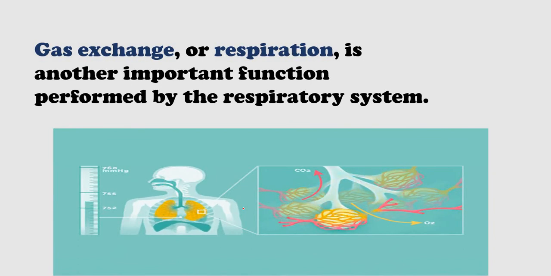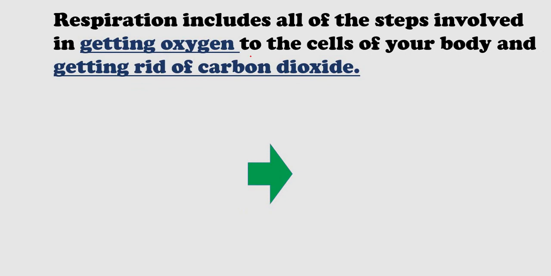Respiration means supplying the cells with oxygen and removing carbon dioxide waste from the cells. So respiration includes all of the steps involved in getting oxygen inside and distributed to all body cells and getting rid of carbon dioxide.